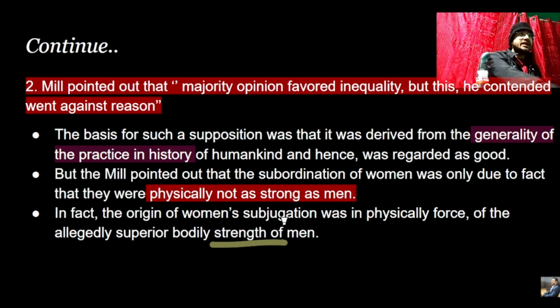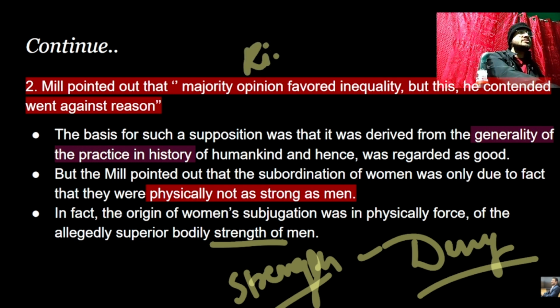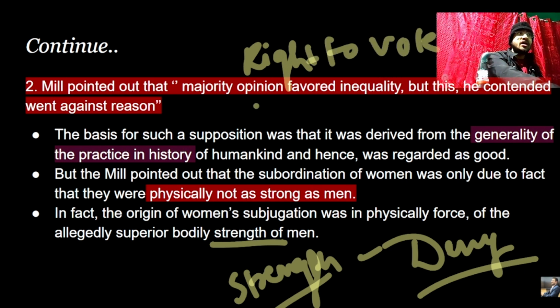And he says that just because of differences in strength, we cannot deny some of the basic rights to women, right? What does the right to suffrage, the right to vote, have to do with physical strength, right?